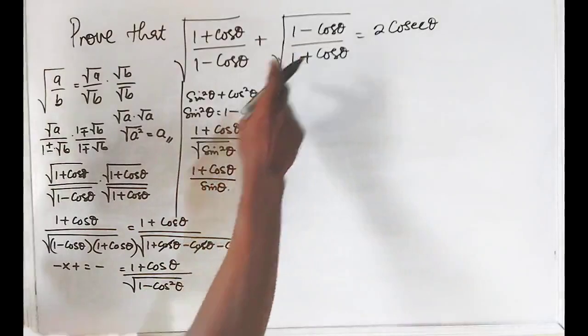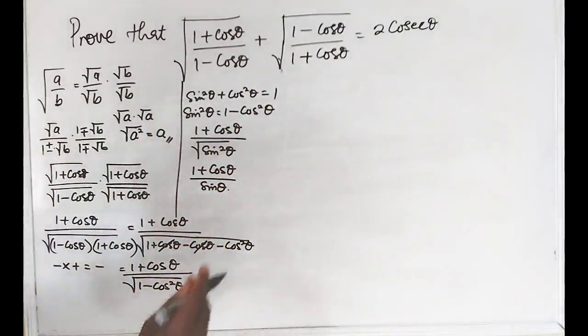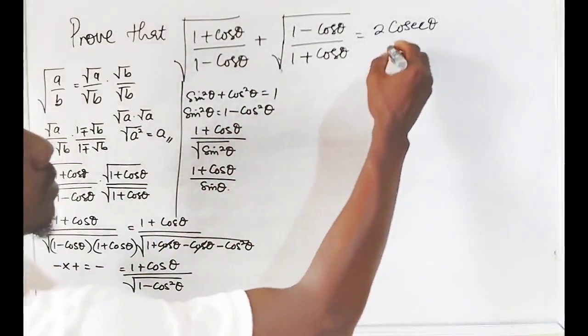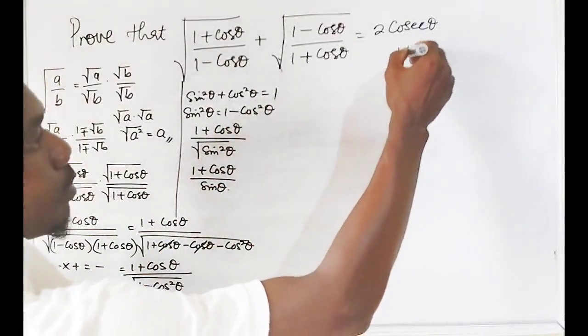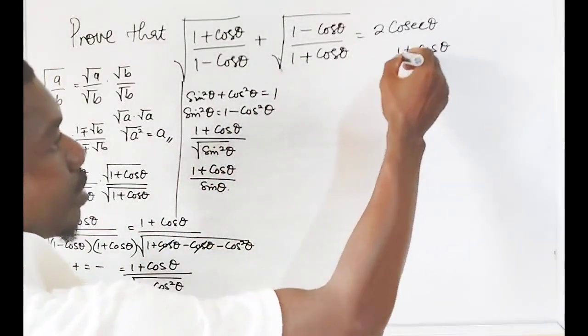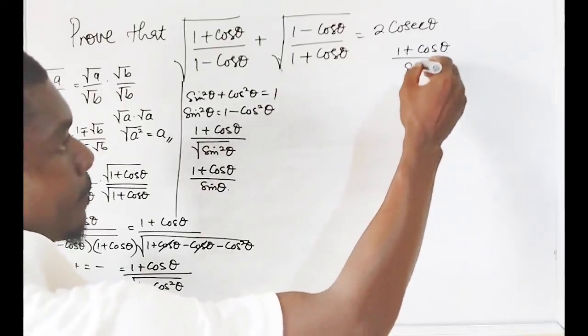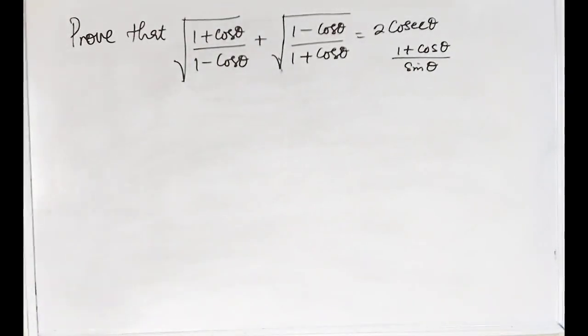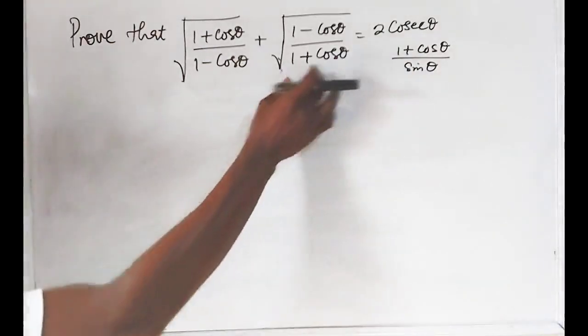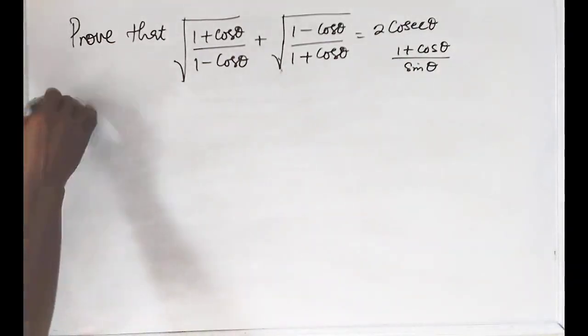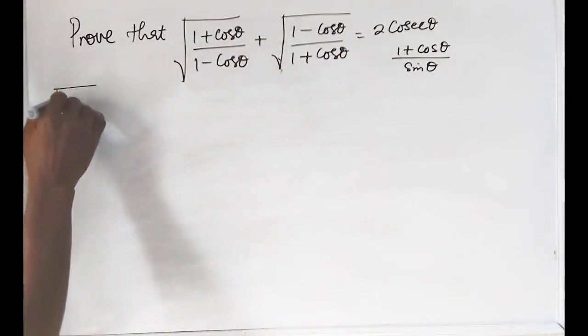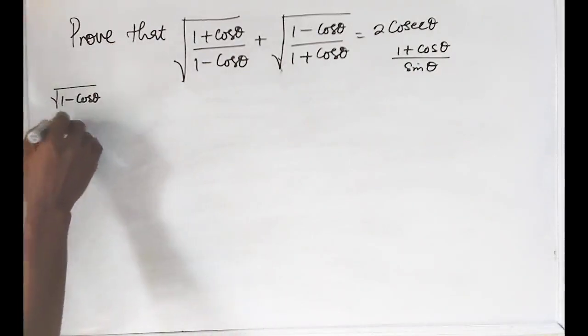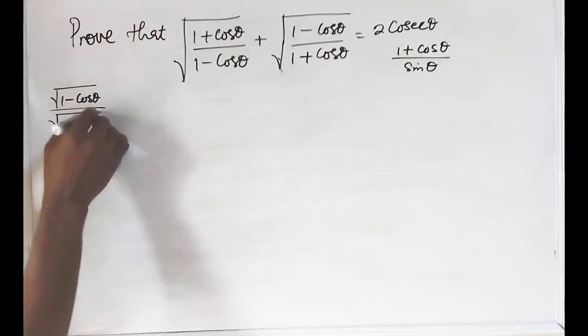Now let us resolve the other part. Take note that we have 1 plus cos theta over sine theta from the first part. For the other side of the left hand side, we have the square root of 1 minus cos theta over the square root of 1 plus cos theta.